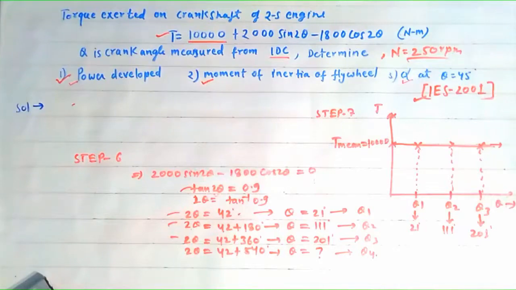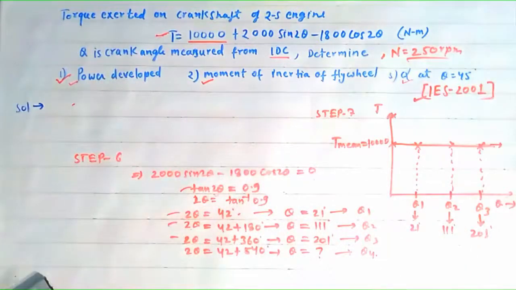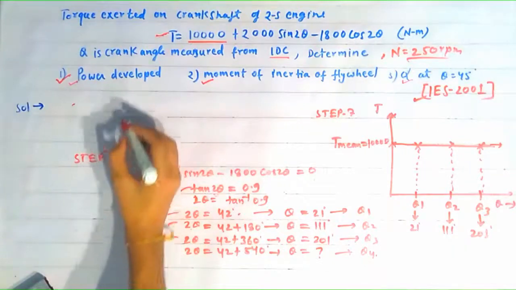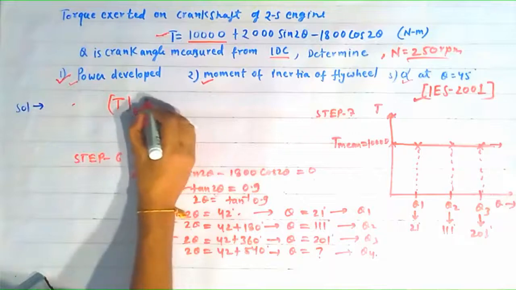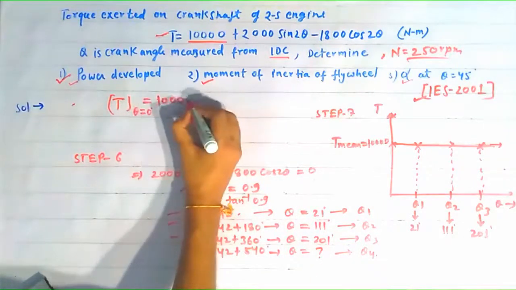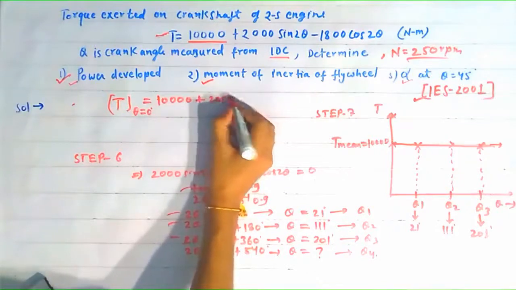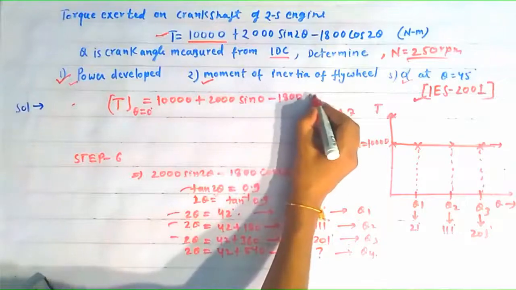Now we will try to draw this torque diagram, that is we will try to show the value of torque function over here. Now for that one thing more is needed, that is we have to calculate the value of T at theta equal to 0 degree. So at theta equal to 0 degree, the value of torque is plus 2000 sine 0 minus 1800 cos 0.